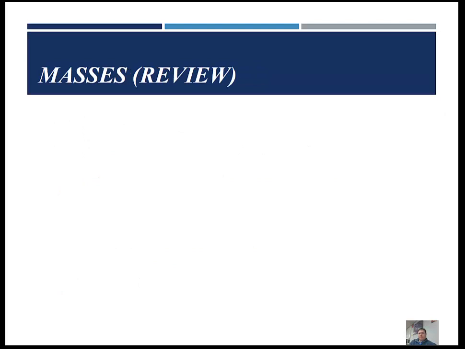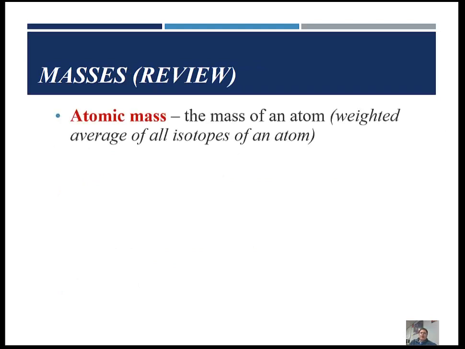Okay, just a little review of things we've already talked about previously. We have the term atomic mass. Remember we talked about this in our structure of atom unit, and the atomic mass is just the mass of one atom. Technically, we know it's the weighted average of all the isotopes of an atom, but it's basically the average mass of one atom. And we measure it in AMU, atomic mass unit.